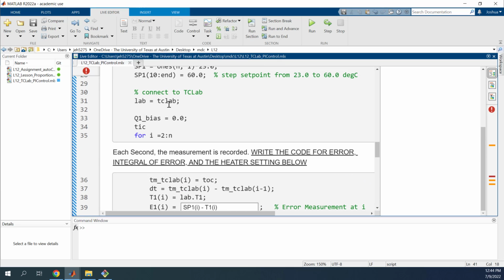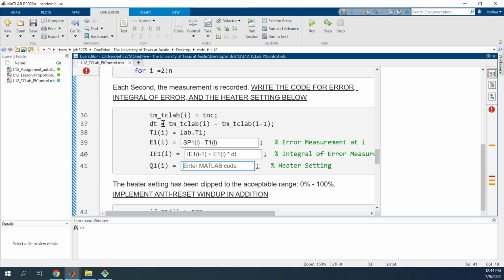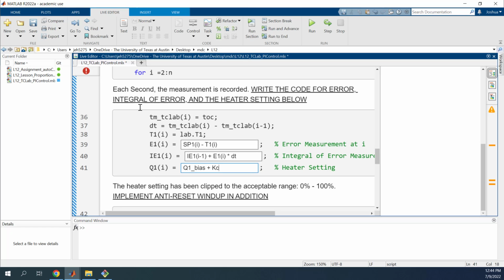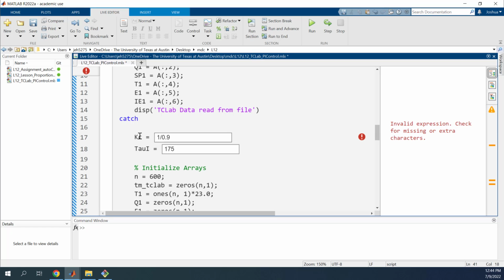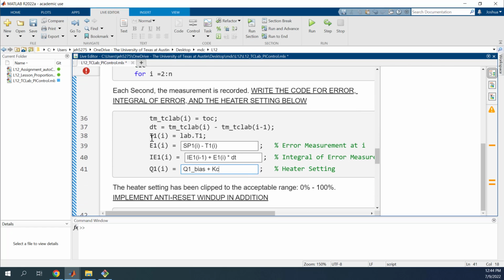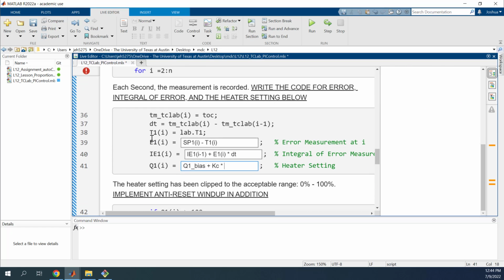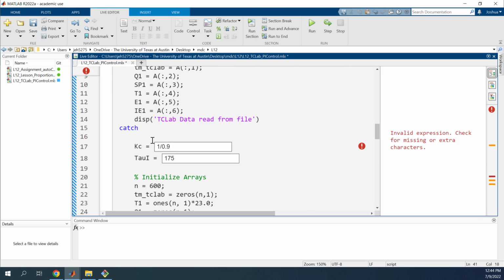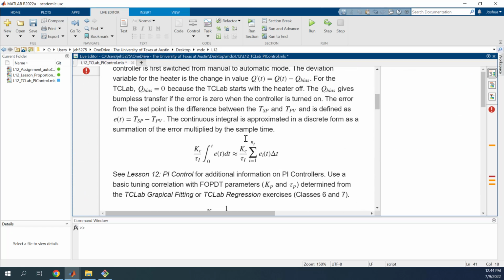First we've got Q bias. That variable is right here, Q1 underscore bias plus KC. Let's make sure we have that spelled right. KC, yep, times E1 I plus, we'll go ahead, Kc divided by tau I, right?